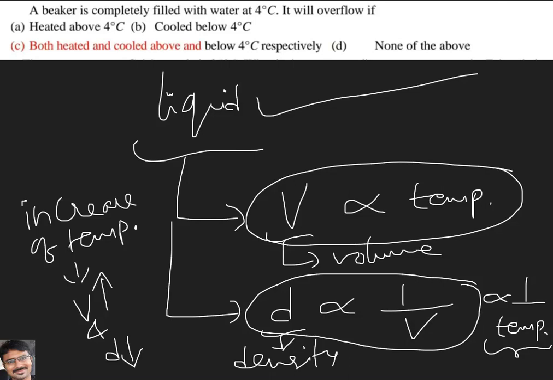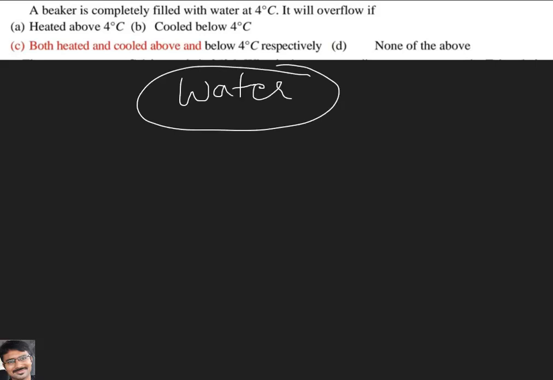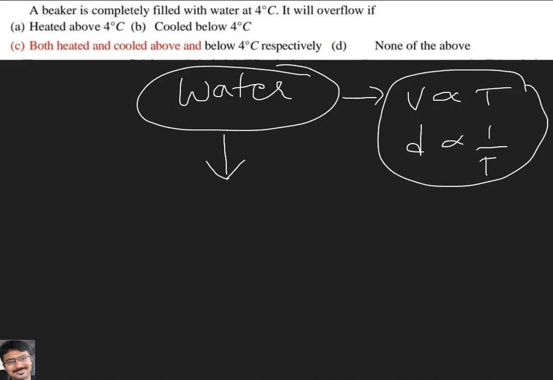Now, there is a special behavior for water that we call anomalous behavior. Water generally also behaves the same way: volume is directly proportional to temperature, density is inversely proportional to temperature. But between 0 degrees centigrade and 4 degrees centigrade, it will not behave like that.